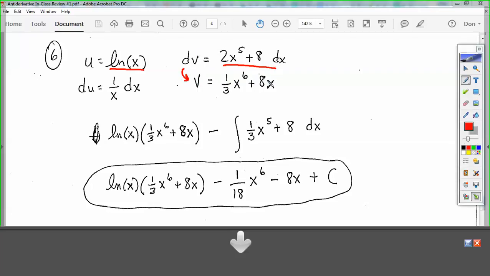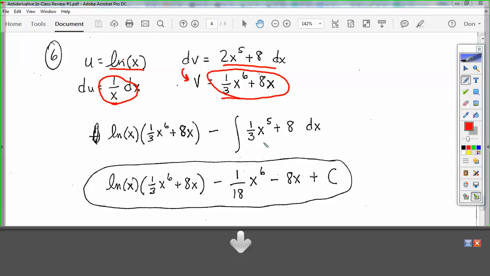But now, I kind of shortcutted some of the work here, so you got u times v, so ln x times this, I put that in parentheses, that's important, minus v du. Well, I'm going to have 1 over x times this. Well, you're going to distribute that when you take v times du. So 1 over x, that's going to cancel that, make it x to the 5th. That's going to cancel that x, make it 8.